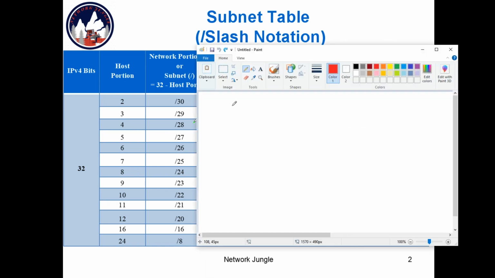Next, likewise, another example. After 32, 28 bits belong to the network portion, then the remaining 4 bits belong to the host portion. Here is the combination of the bits in the host portion, which is 4 bits.